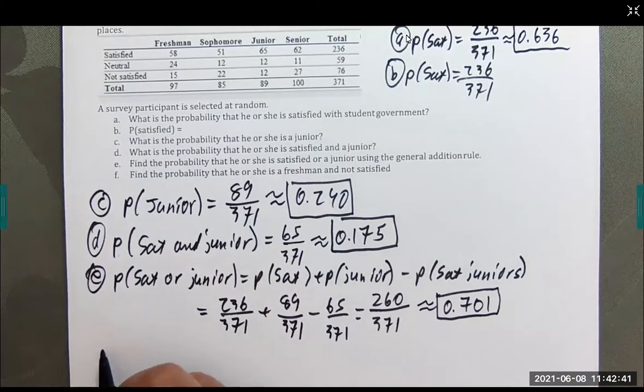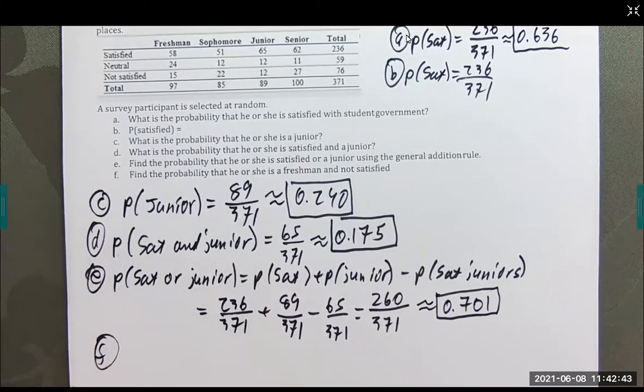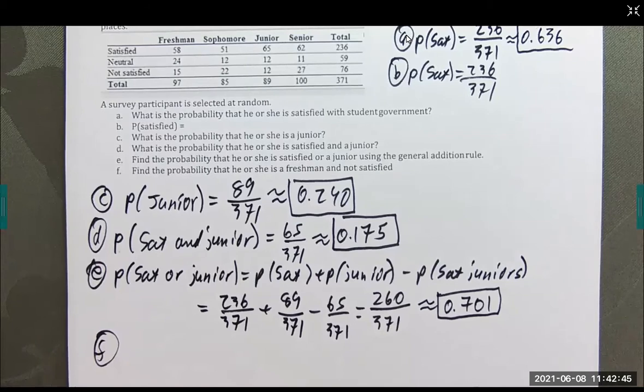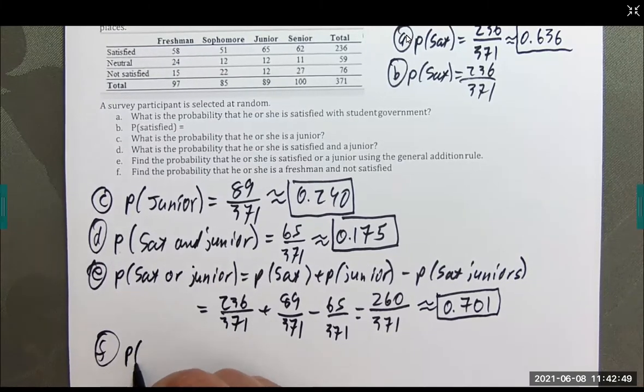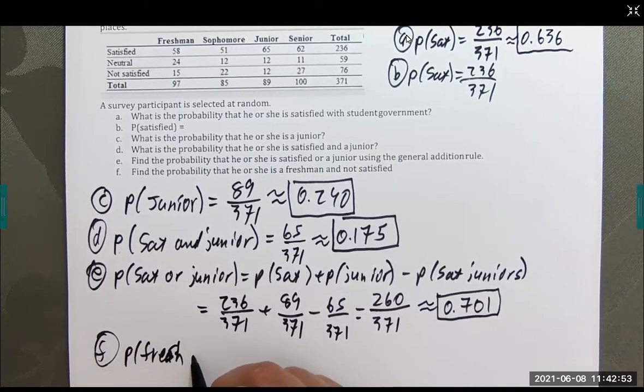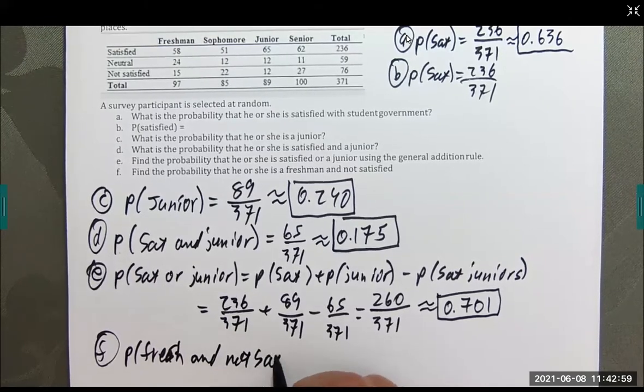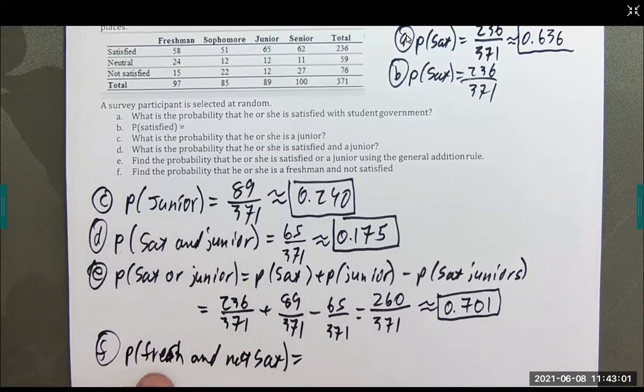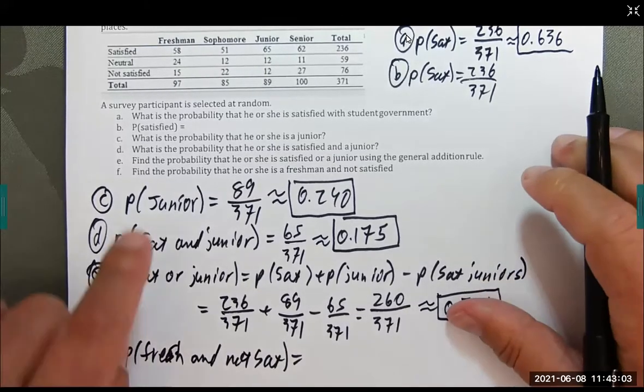Part F was probably that he or she is a freshman and not satisfied. So probability of freshman and not satisfied. So how many freshmen are not satisfied?